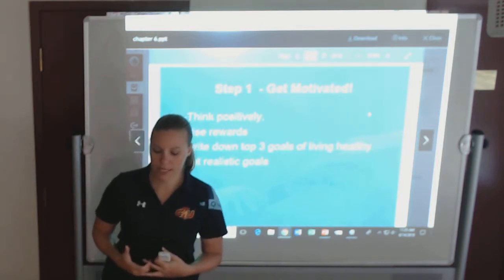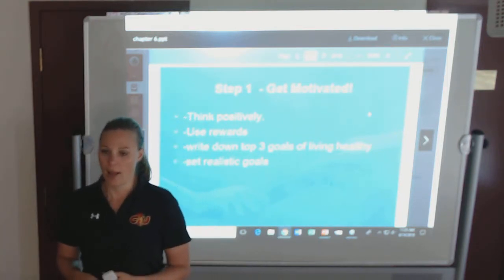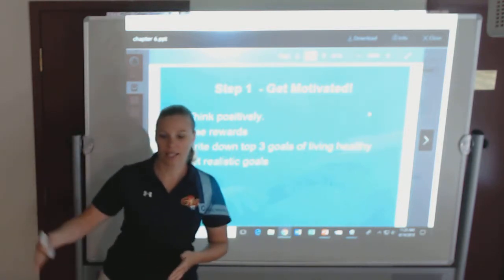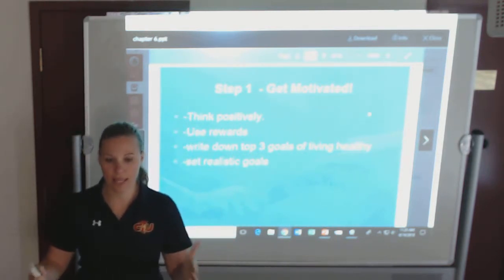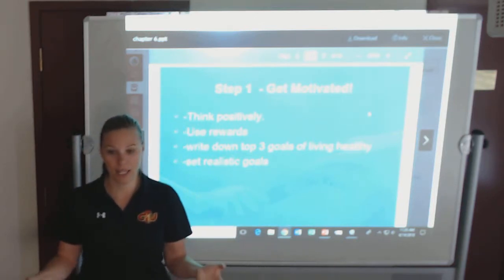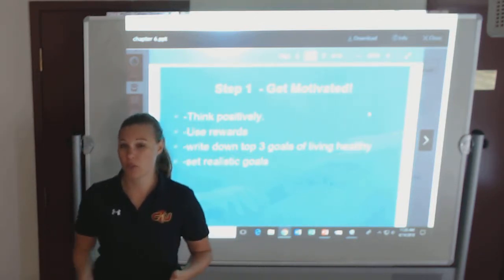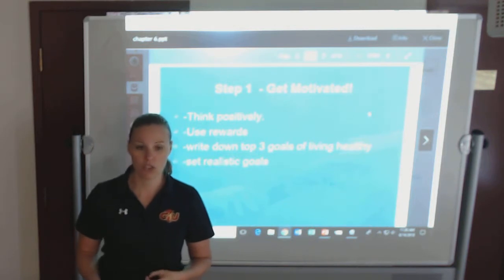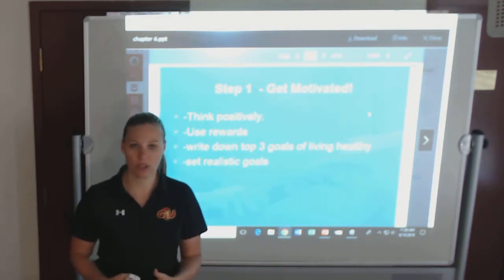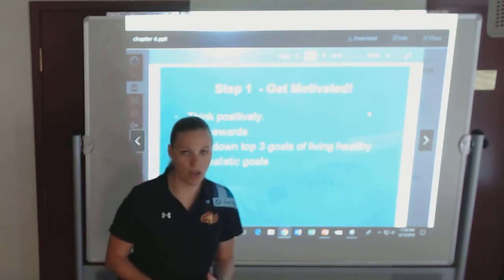And remember, we want to set realistic goals, not, from May to August, I'm going to lose 20 pounds in that time. That's doable. Lots of people do it, but it does create high amounts of stress as a result, because you're actively going on the scale every day. You're trying to figure out if you can lose it and what other ways you can lose it, and your mind is constantly on that.